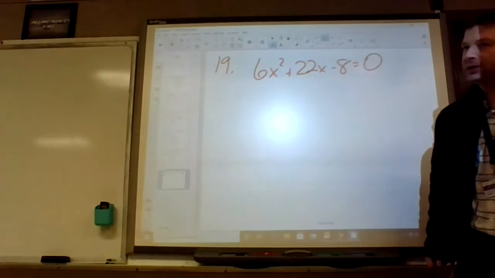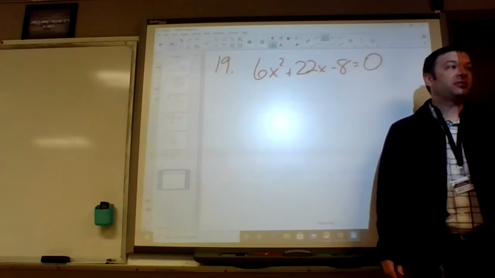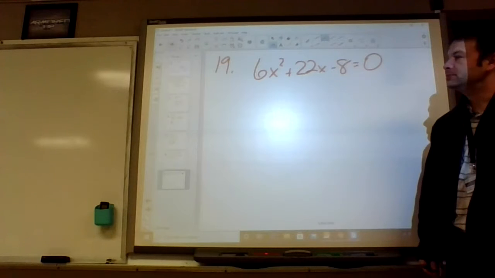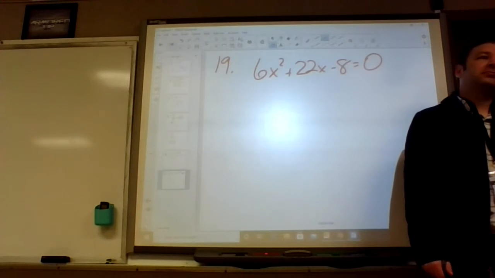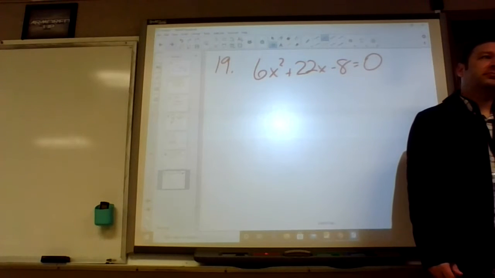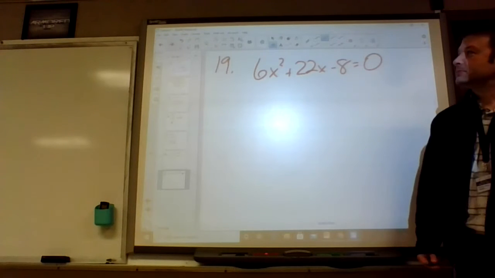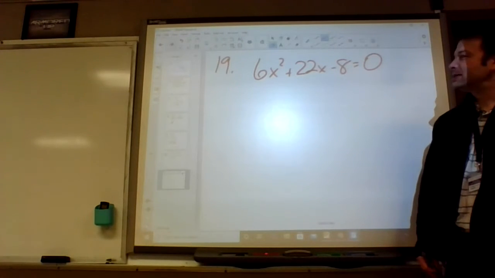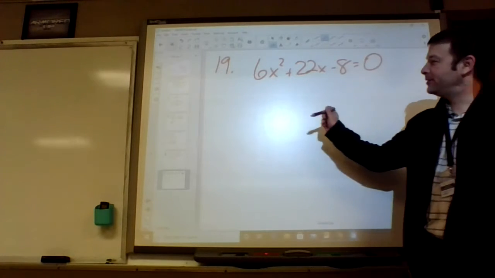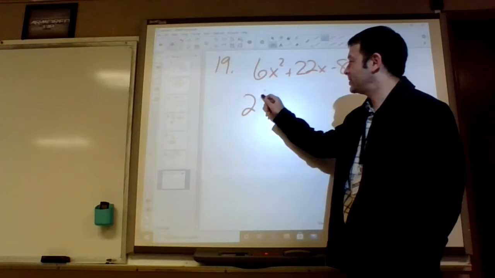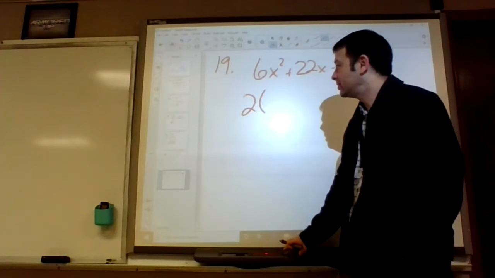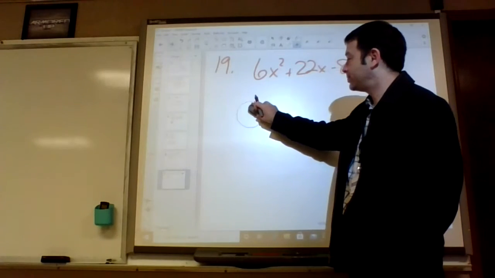What should I do now? Divide everything by 2. Take a 2 out. So I could factor 2 out like this, but since it's an equation, really I can just divide both sides by 2 and make the 2 go away completely.